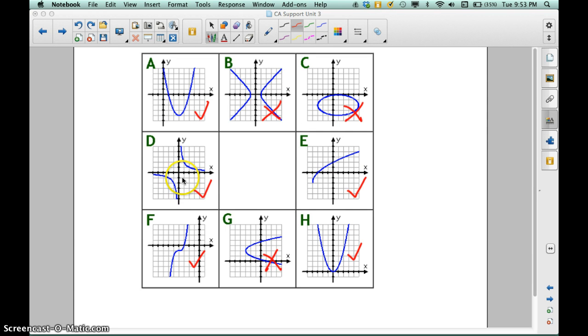But here, the only place it gets close is if I draw a line right on the y-axis, and even then there's no indication that this blue graph touches that line. It looks like it sort of just goes along the axis without touching it in both cases.